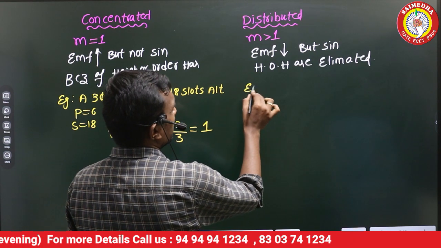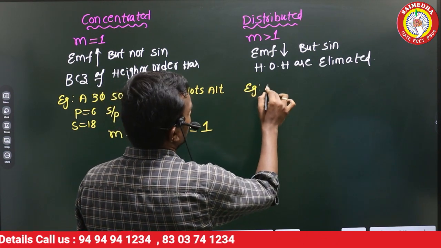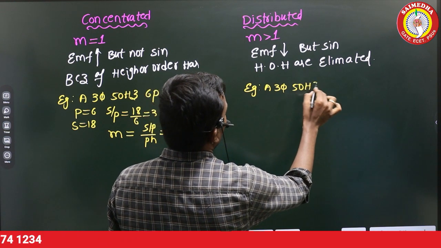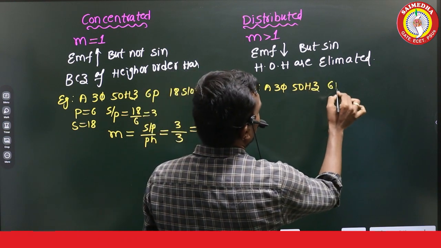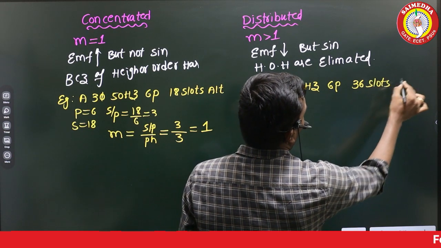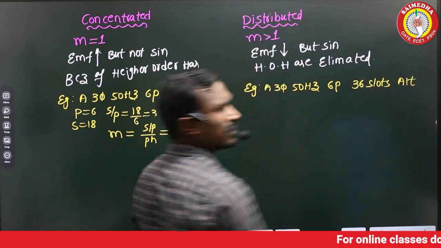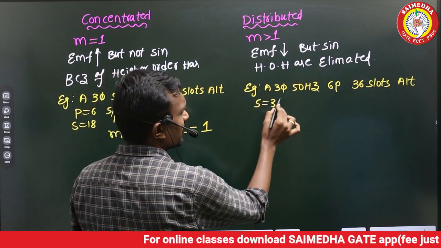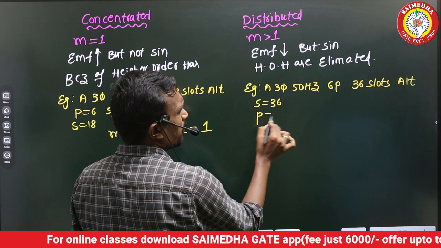What is distributed winding? I am taking the same example: a 3-phase 50 Hz 6-pole 36-slot alternator. Can you tell me how many slots are there? 36 slots. How many poles? 6 poles.